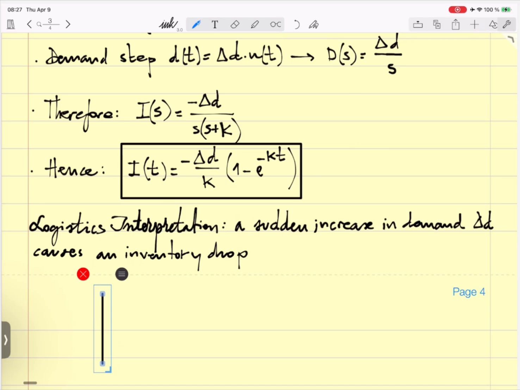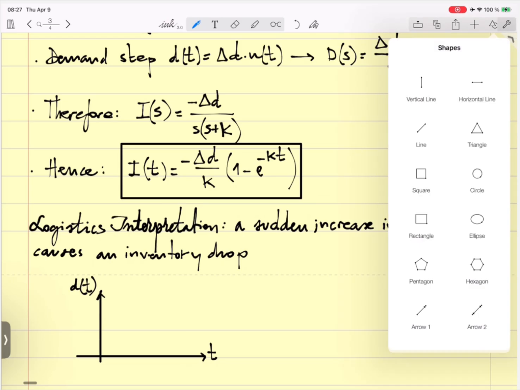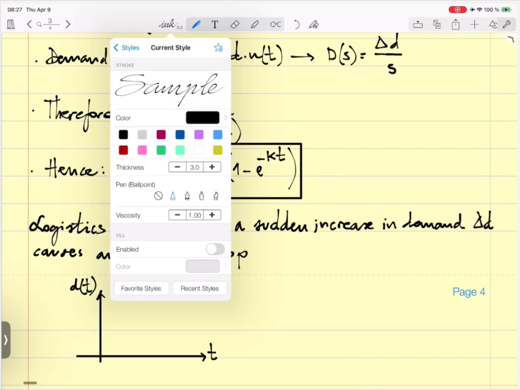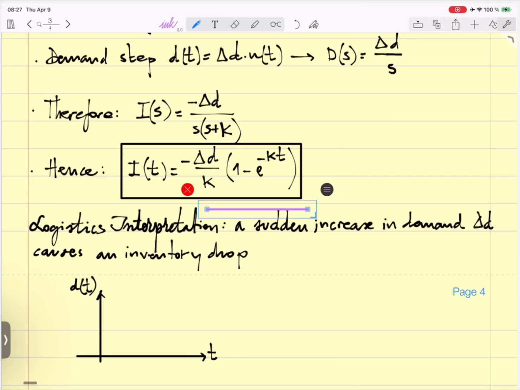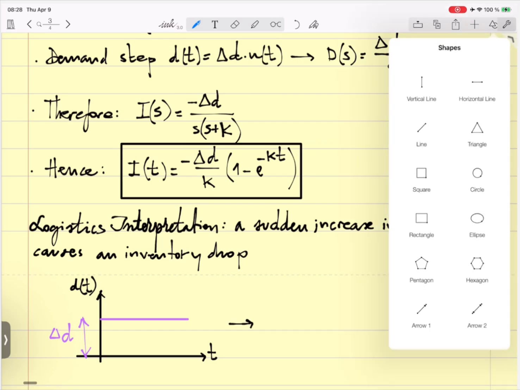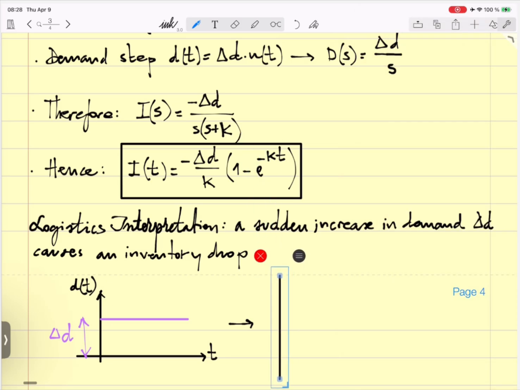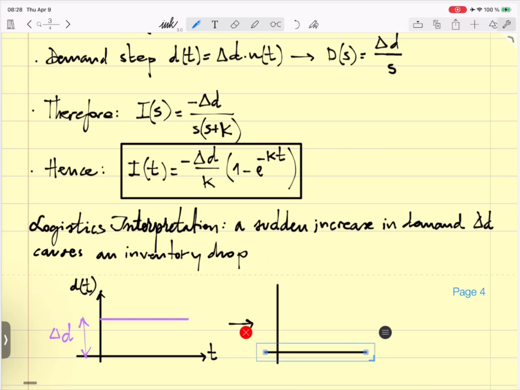If we have a sudden increase in demand, let's say at t equals 0 our demand increases by some delta D, then automatically our inventory is going to drop if the target inventory is not touched.